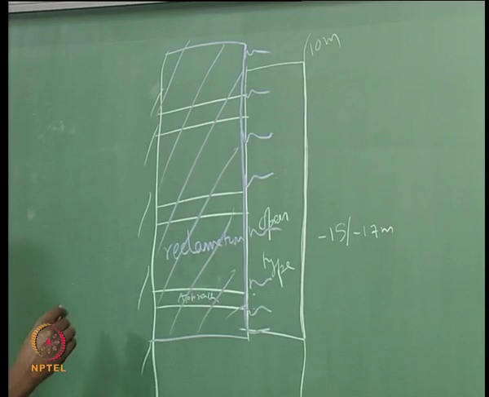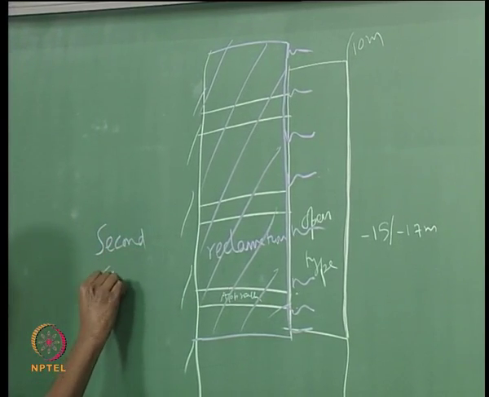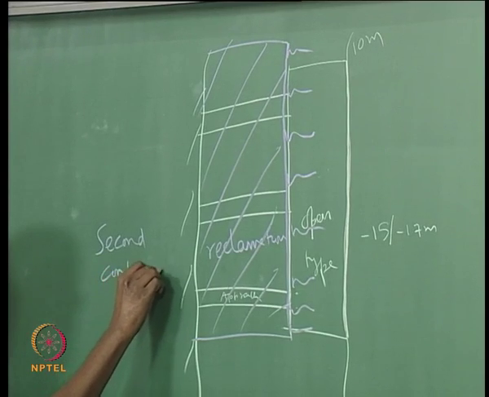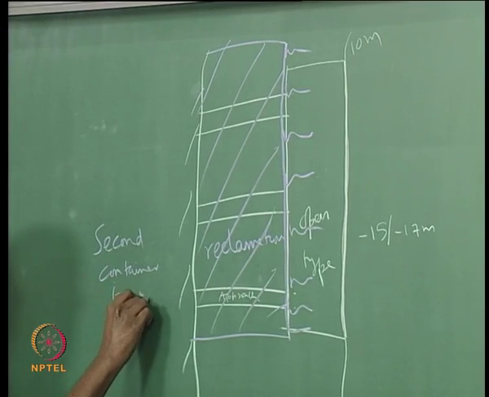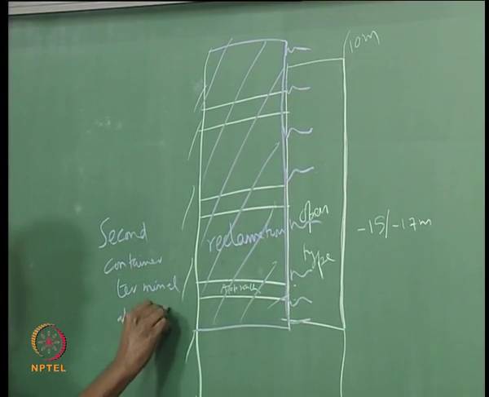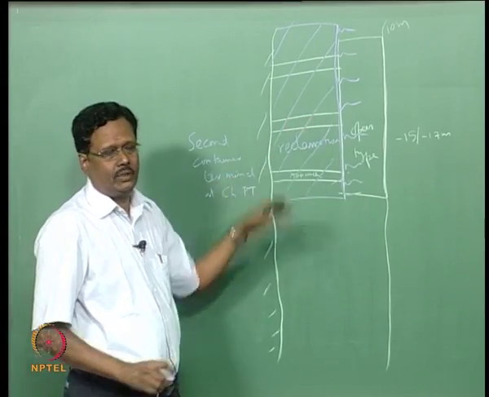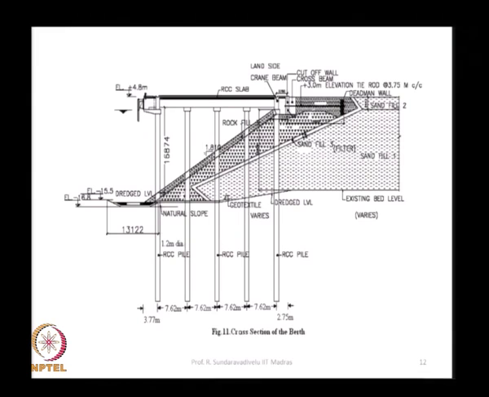So, this is used in the second container terminal at Chennai Port Trust. Here you can stack the containers. What you are seeing is the slope, which I have shown by this line.